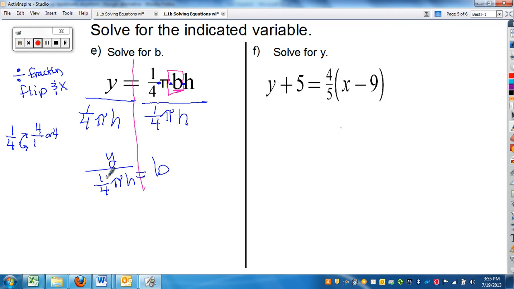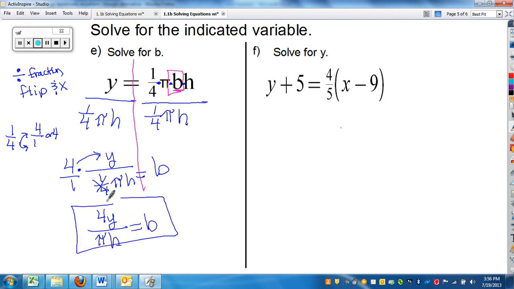So instead of having 1/4, it's the same thing as multiplying by 4. Well, this is 4/1, so the 4 goes with the Y on top, so that's 4Y over pi H equals B. That is the correct answer. Again, there are other variations that you could write it, except you cannot leave the fraction in the denominator.